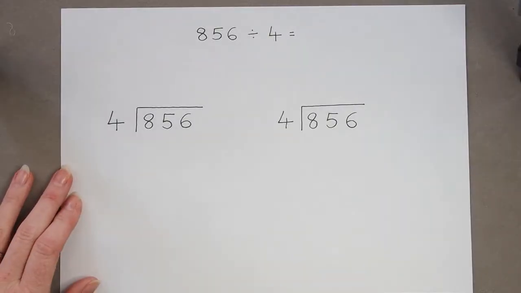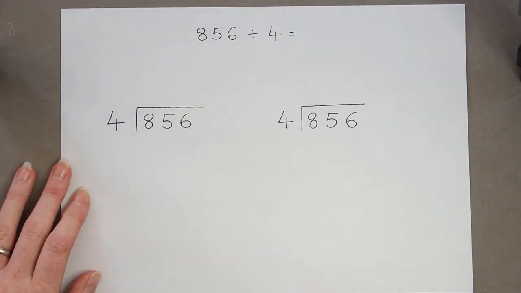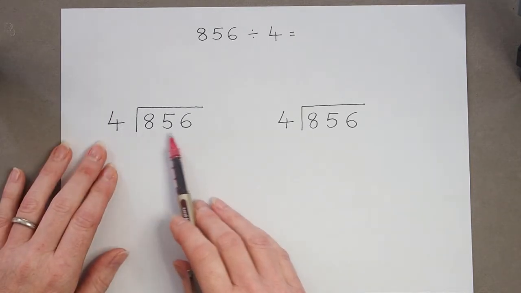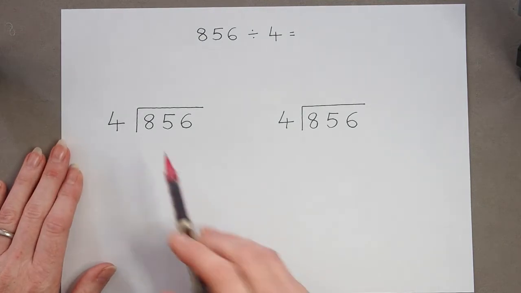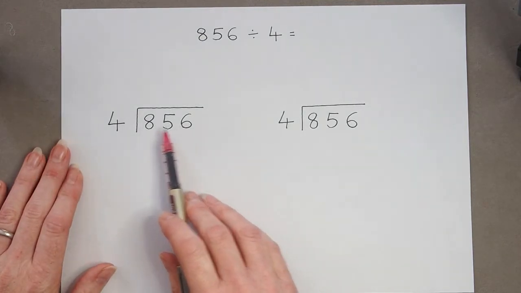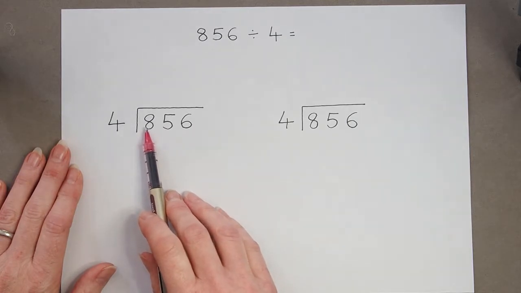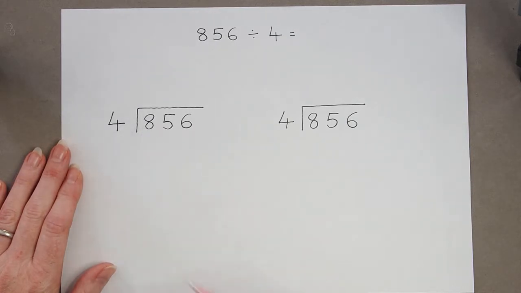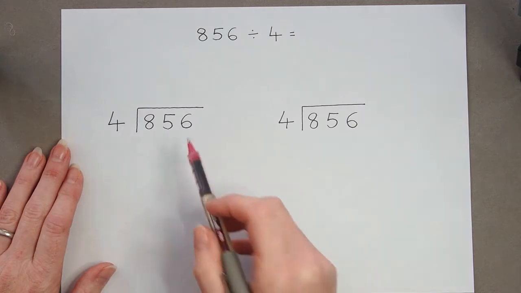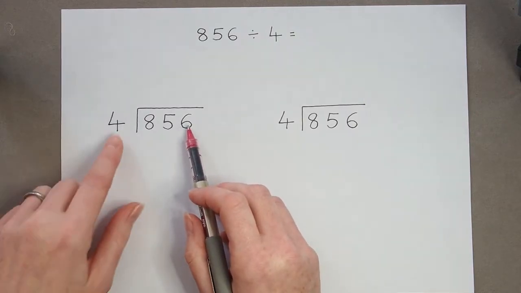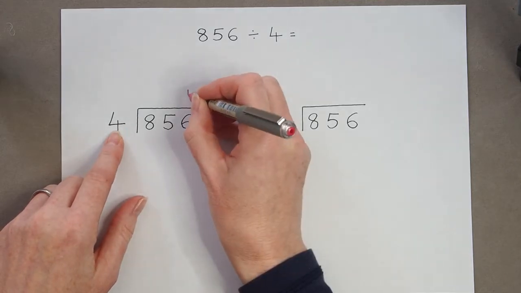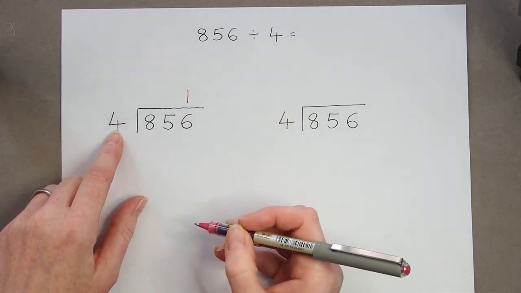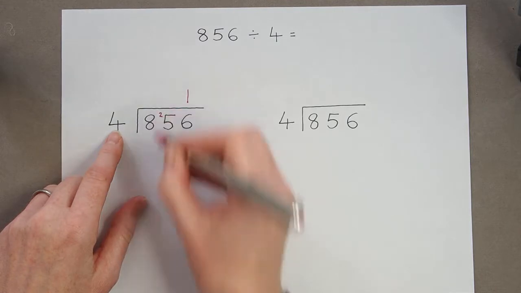So if we look at a calculation that involves some remainders, if a pupil has set this out correctly but hasn't realised that they need to start with the first digit, in this case the hundreds, but they are used to starting with the units, so try to start with the units, they may say 6 divided by 4 is 1, and there's a remainder of 2.